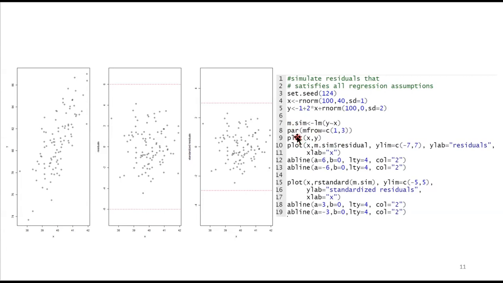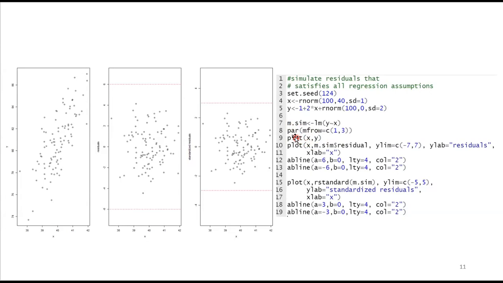Okay, now I'm going to plot this. I'm going to plot the scatter plot of the data here, using the built-in graphics capabilities in R. Because I'm going to draw 3 plots on the same graphics window, I'm going to set my graphics window first.